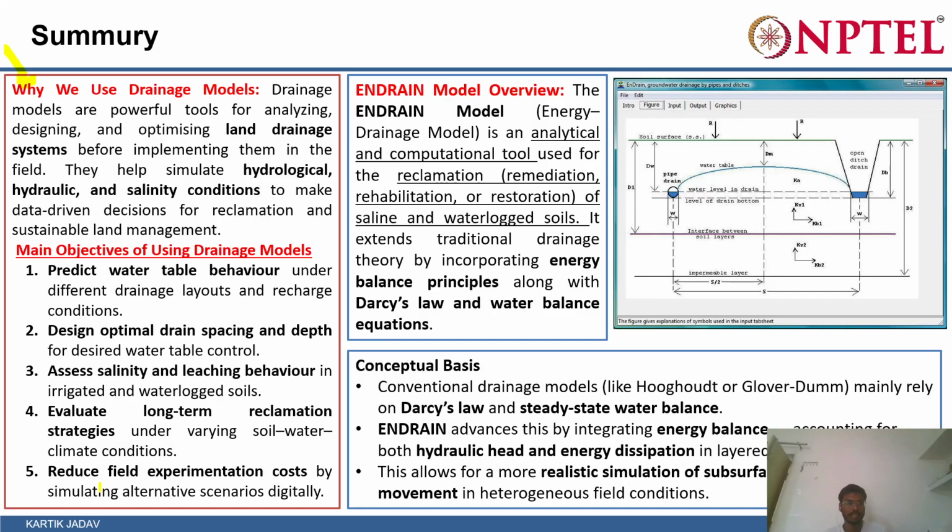scenarios digitally. Right. So there is not only one aspect of using drainage models. There are multiple aspects. So we can use drainage models just before starting our installation or field experiments. We know that installing a drainage system in the field involves huge cost.